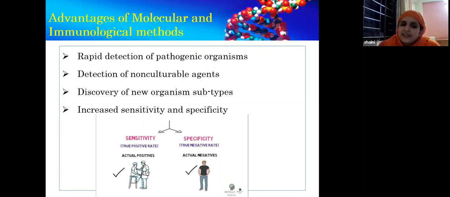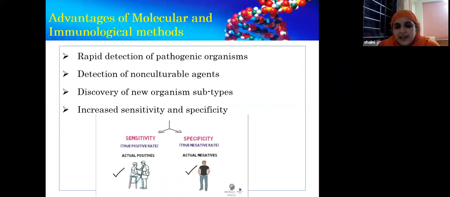So if you test negative with a highly sensitive test, you can be almost sure that you do not have the disease. Okay. So in short, a highly sensitive test picks up most of the positives. So if you test negative with a highly sensitive test, you can be sure that you are free of the disease.